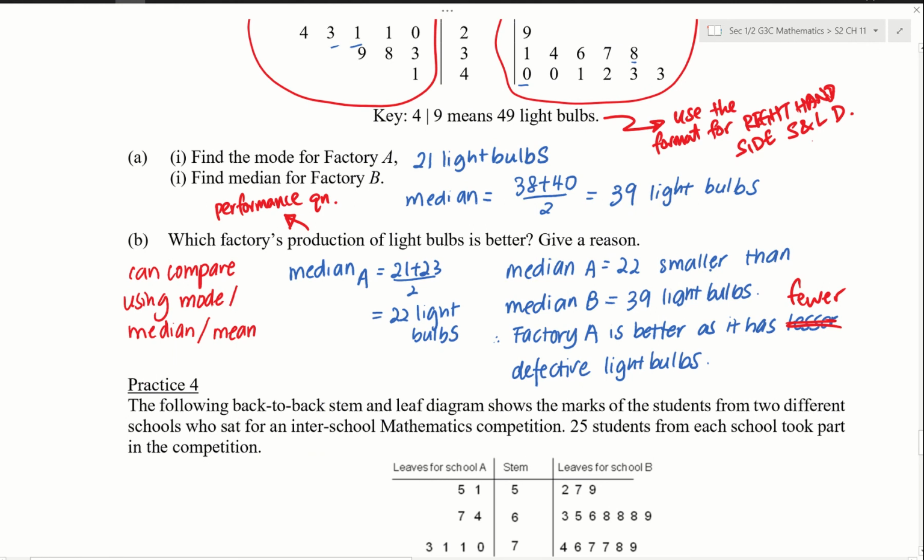By the way, do you all know when to use the word fewer? So I cancel out lesser, right? Fewer versus less versus lesser. When to use fewer? When you can count. When you can count, you use fewer. Then when do you use less? When you cannot count, like water.